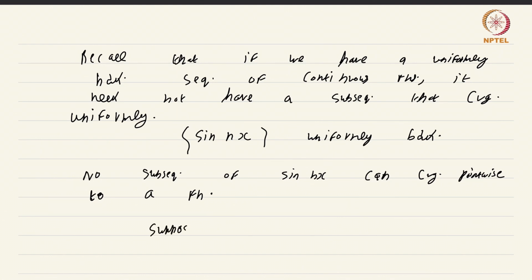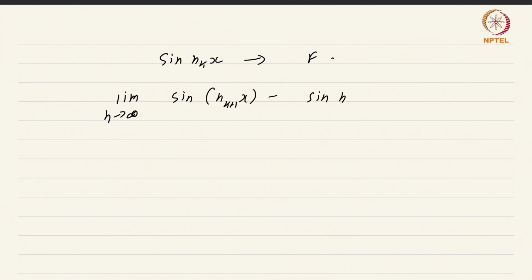Suppose for some subsequence we have sin(nk x) converging to some function f, let's say. Now this just means that the limit as k goes to infinity of (sin(n_{k+1} x) minus sin(nk x)) whole squared goes to 0.